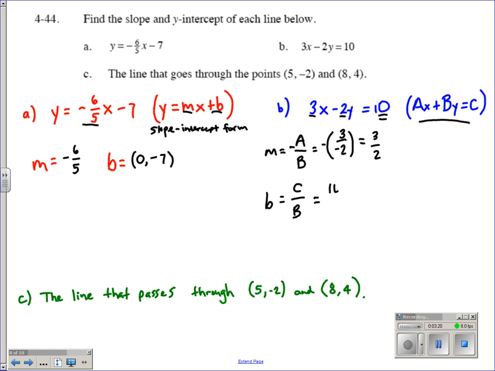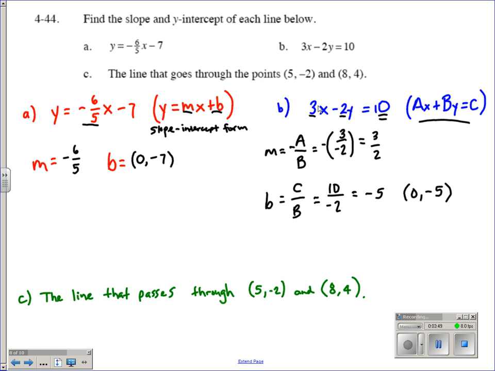So we put that in for c, and our b term, remember, is the coefficient of y, that'd be over negative 2. So we end up with negative 5, which means the y-intercept is the point 0, negative 5. So slope, 3 over 2, y-intercept, 0, negative 5.